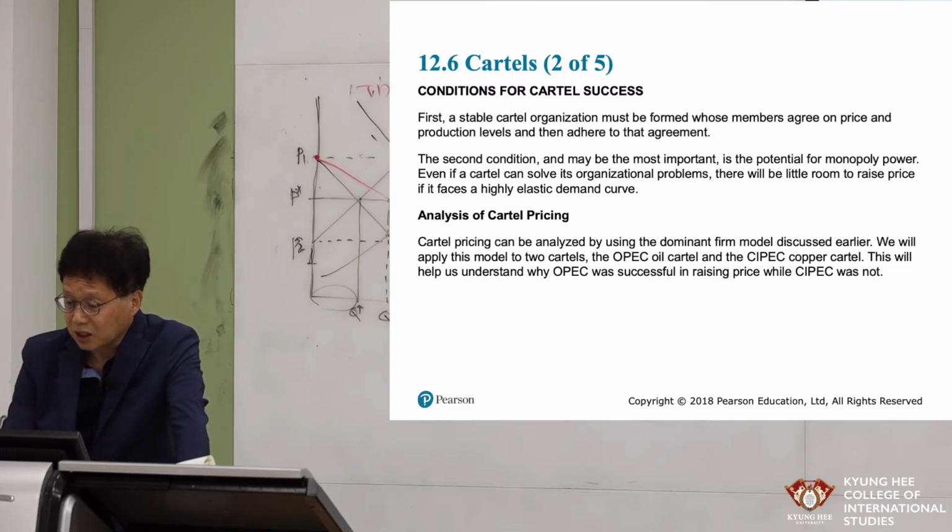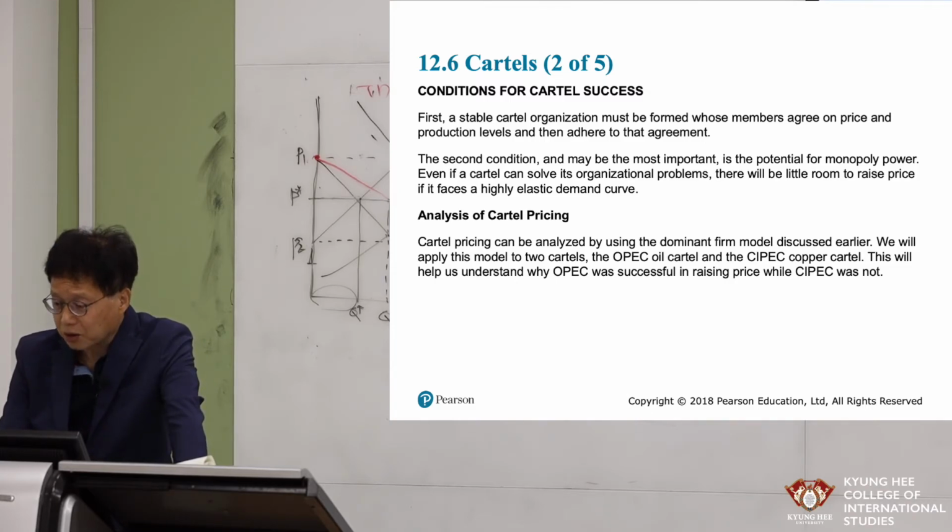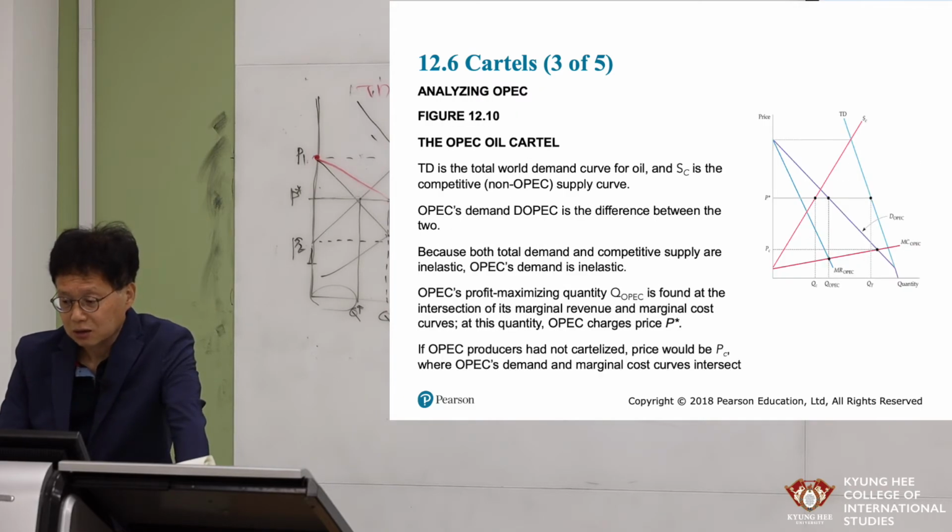The CIPEC copper cartel is a case of failure because copper is featured by an elastic demand curve, and the oil market is featured by an inelastic demand curve. This will help us understand why OPEC was successful in raising price, while CIPEC was not.